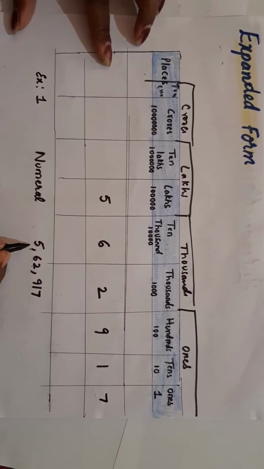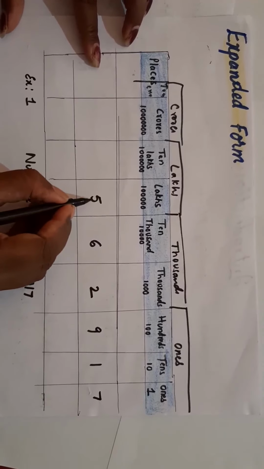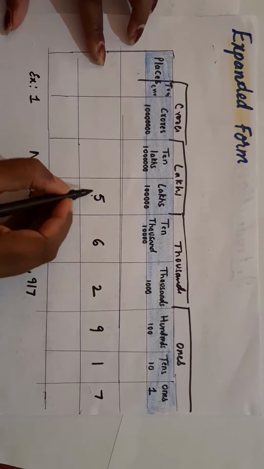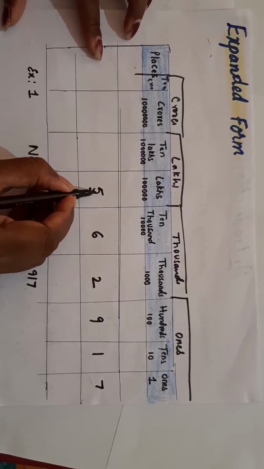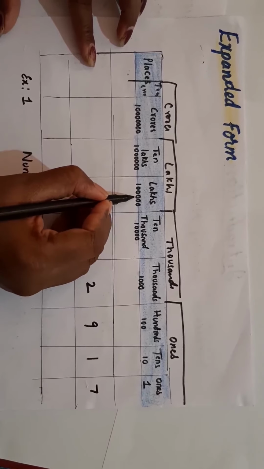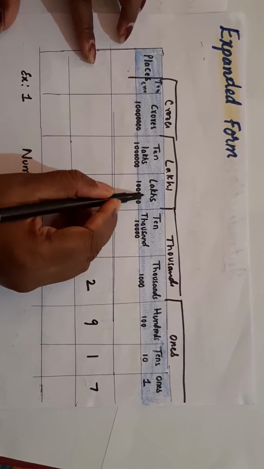Now 5,62,917. The number 5 is there, and when expanding we write it according to the lakhs place.